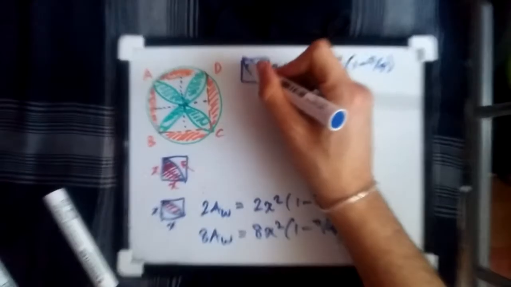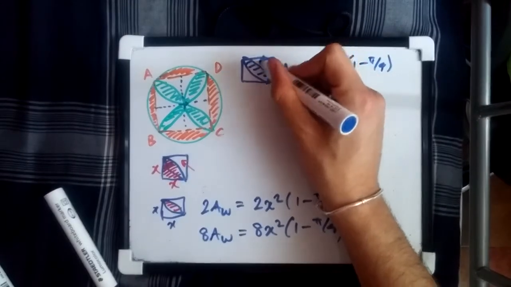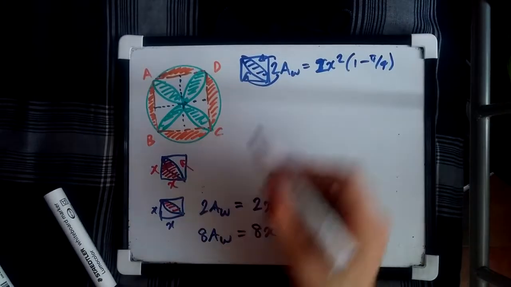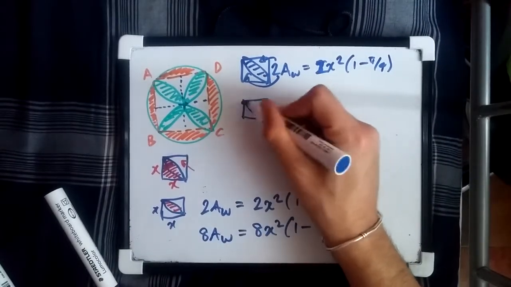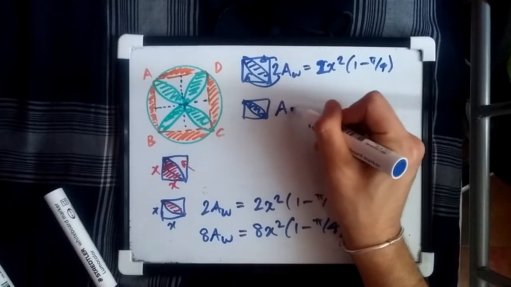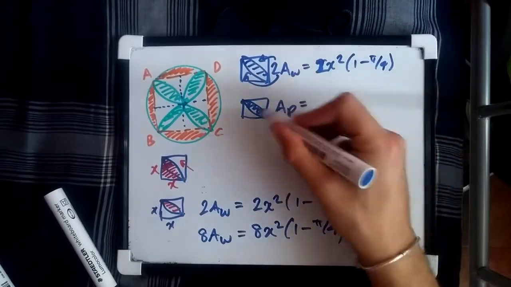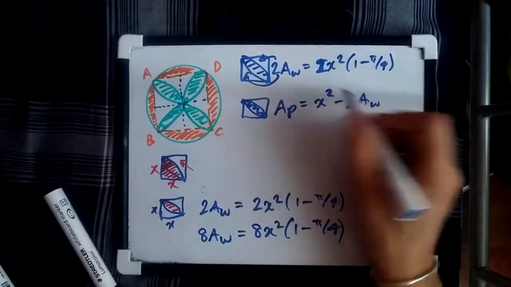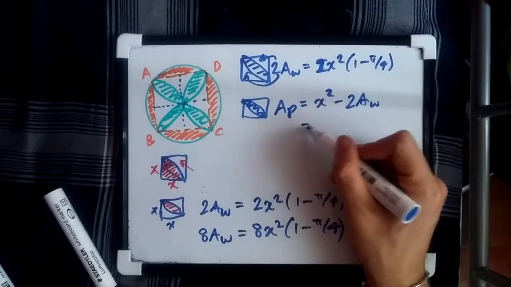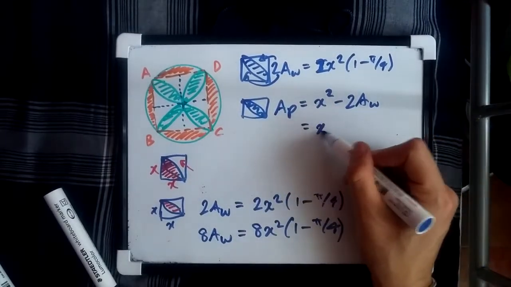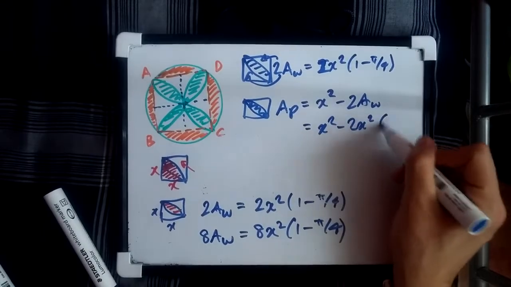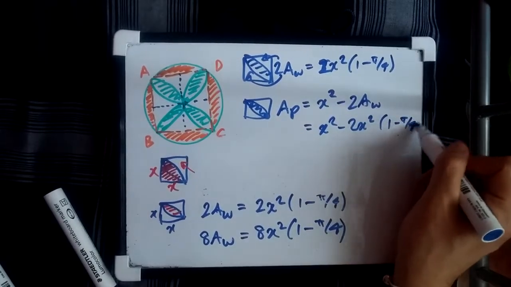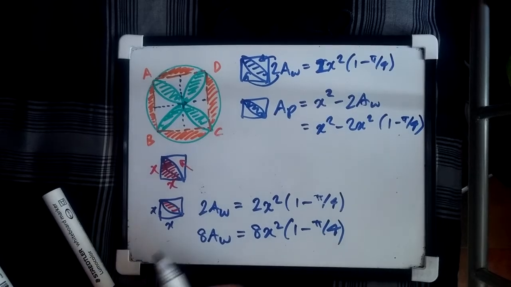We know that the area of the petal, which we can call AP, is going to be the area of the square, x squared, minus 2AW. Think about it, minusing the 2 white parts. This can be summarized as x squared minus 2x squared times (1 minus pi over 4). We can leave it here for convenience's sake.